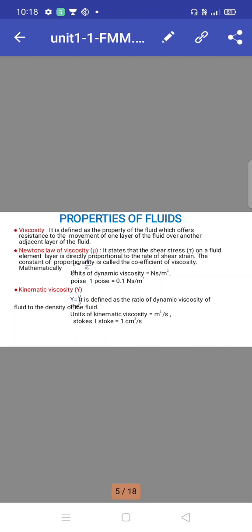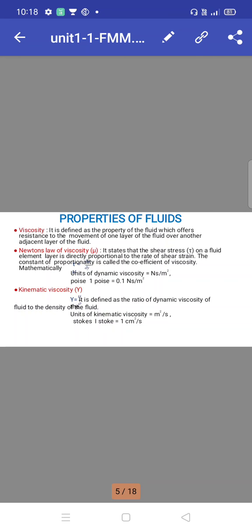Then properties of fluid, namely viscosity. Viscosity is defined as a property of a fluid which offers resistance to the movement of one layer of fluid over another adjacent layer of the fluid. So we can feel the difference.